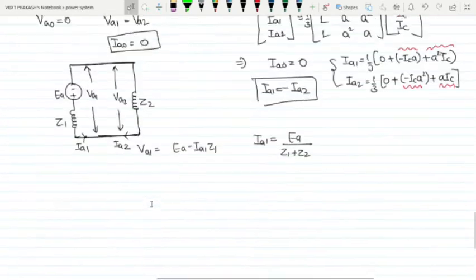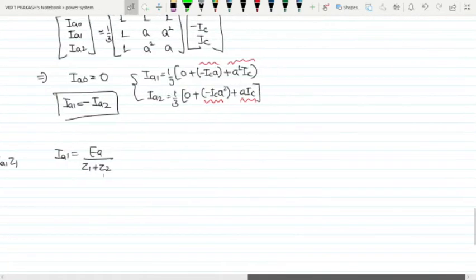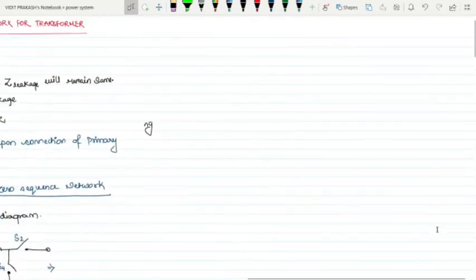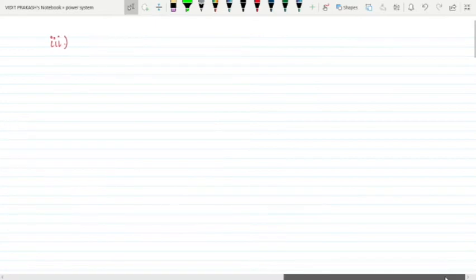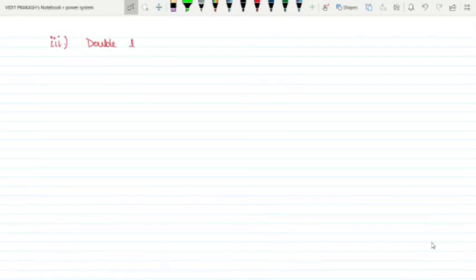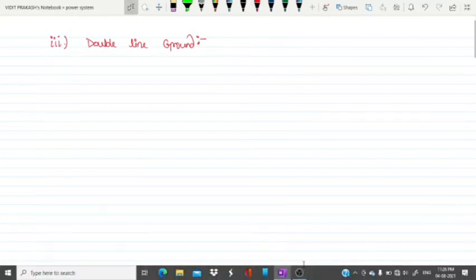Now, third is double line to ground. Okay, so in this I'll draw the same circuit.